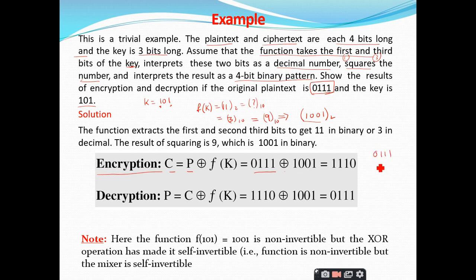0111 and 1001. The XOR operation gives the result as 0 if both bits are equal, and it gives 1 if both bits are different. So 1 1 yields 0. 1 0.